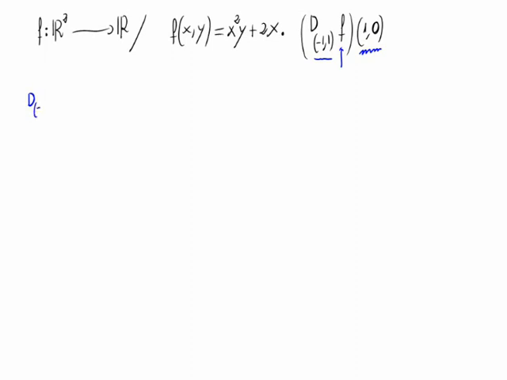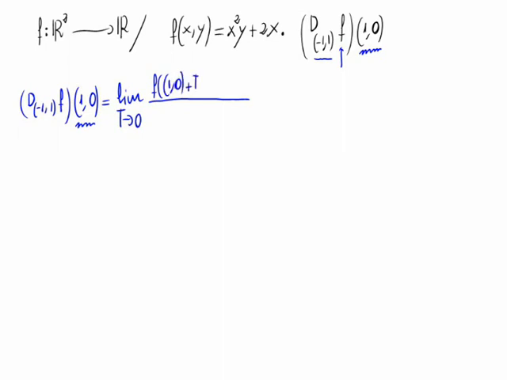It says that the directional derivative in the direction (-1, 1) of f in (1, 0) is equal to the limit when t approaches 0 of f of (1, 0) plus t times (-1, 1), minus f of (1, 0), divided by t.